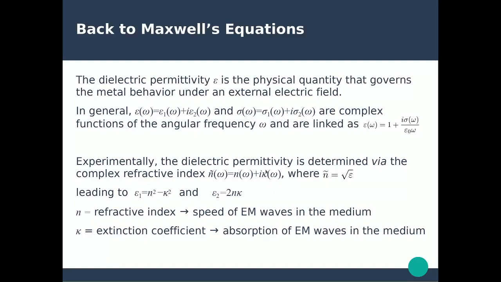The refractive index determines the speed of the electromagnetic waves within the medium, while kappa determines the absorption of the electromagnetic wave in the medium, or how this wave will decay when propagating through it. Those quantities are connected, so you can go back and forth between the refractive index and dielectric permittivity, with some useful relationships between the real and imaginary parts of those two physical quantities.